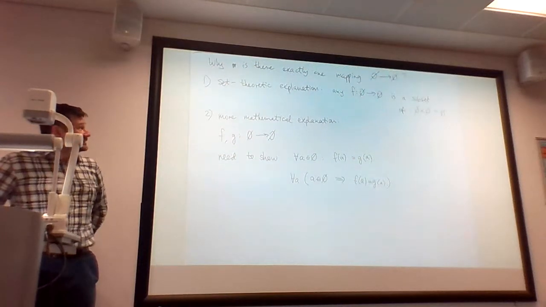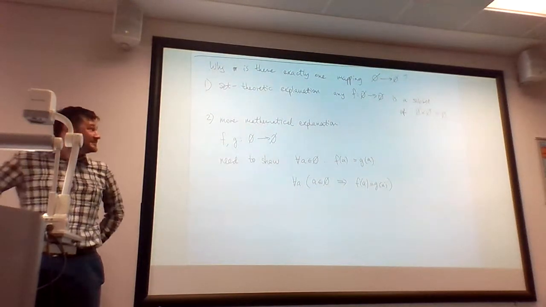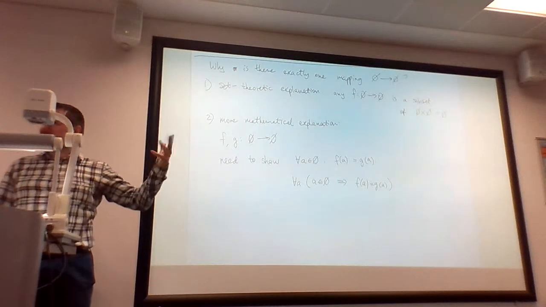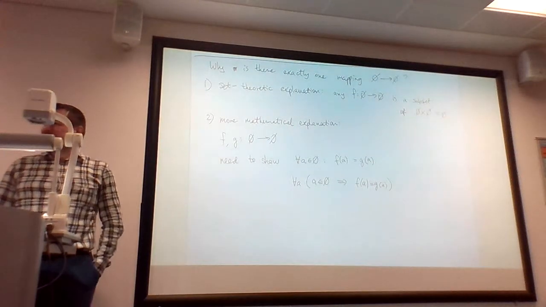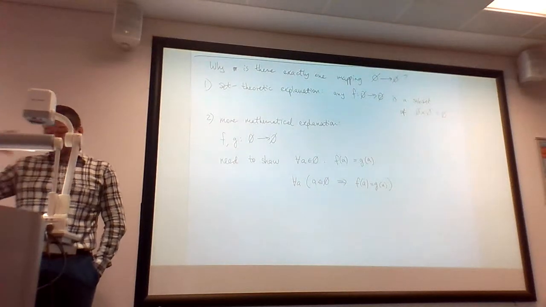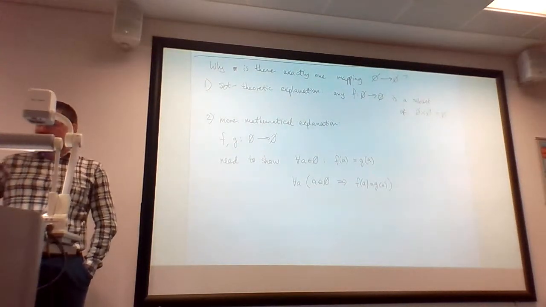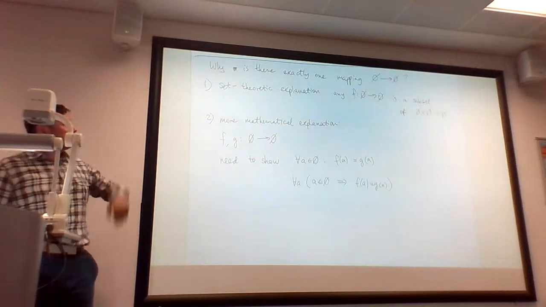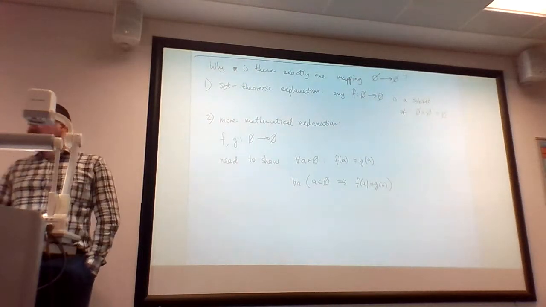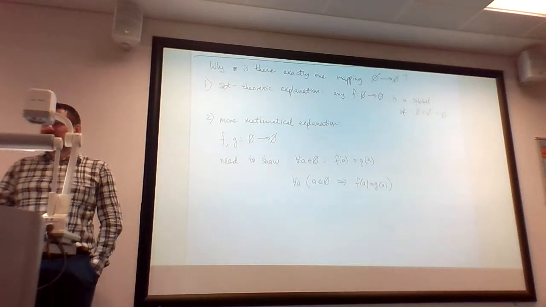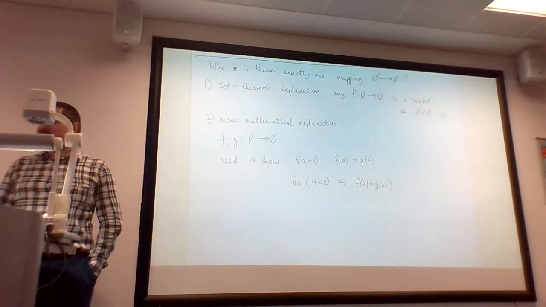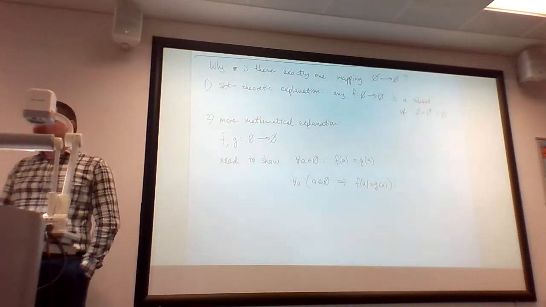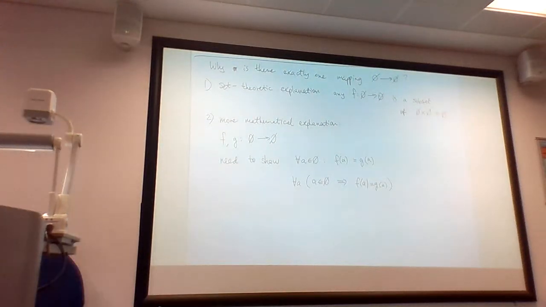So this is the first explanation. The second explanation is somehow semantic: you think more about what it means for two maps to be the same. And the first one is a bit more syntactic, where in set theory you define a mapping to be a binary relation with at most one image. Okay, I'll shut up.